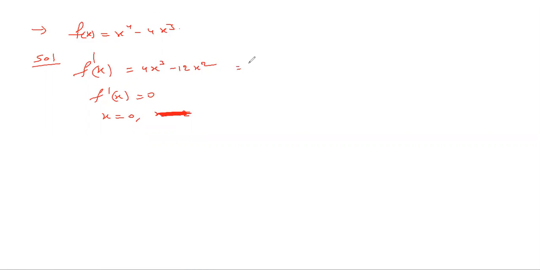We can write this as 4x square, taking common, into x minus 3. So x is equal to 0 or 3.